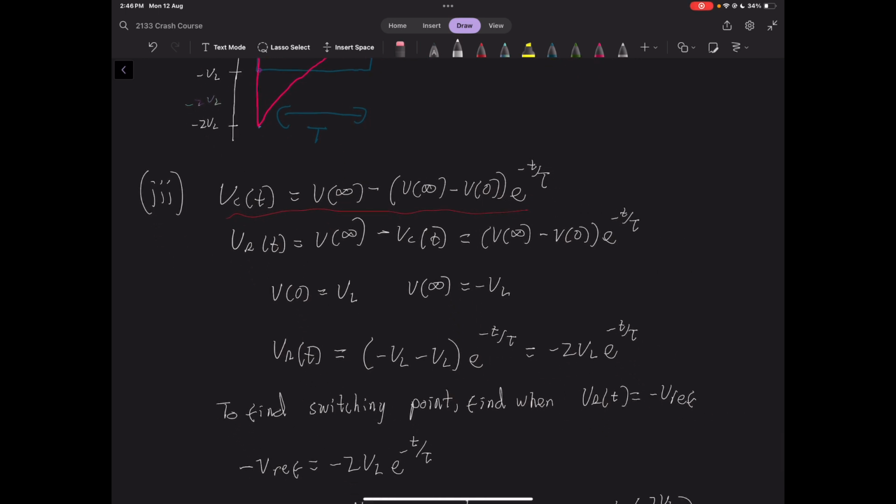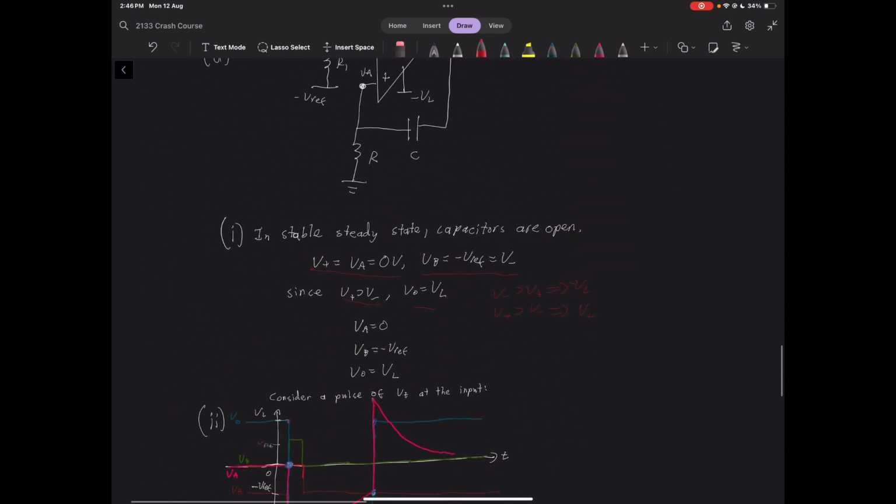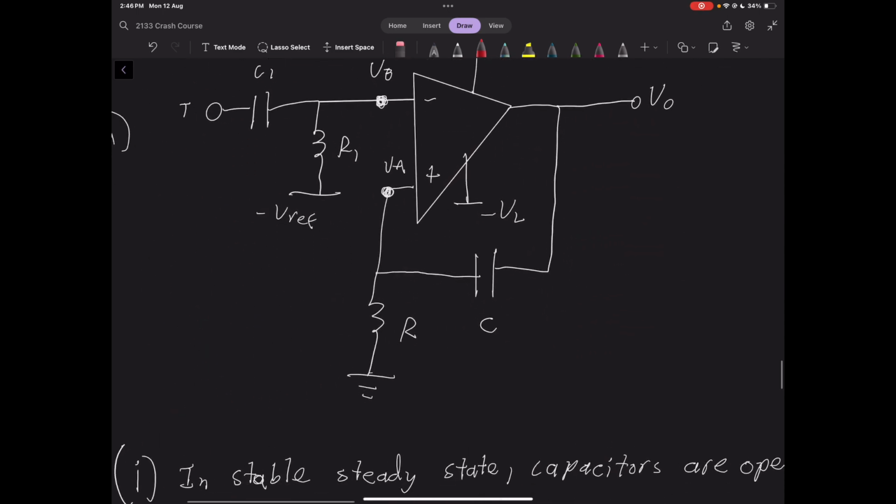We then know that the voltage across the resistor here, this is really VA, is going to be V final minus the voltage across the capacitor. So essentially, this voltage here will be the final voltage that it's going to settle to, which is V final, minus whatever voltage drop is coming across the capacitor, VCT.